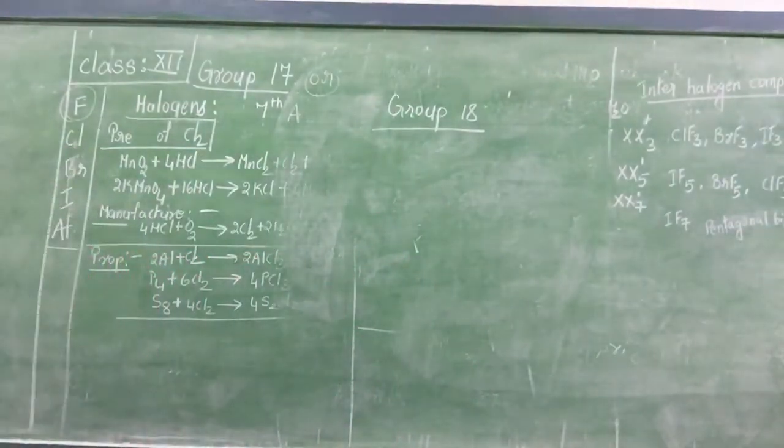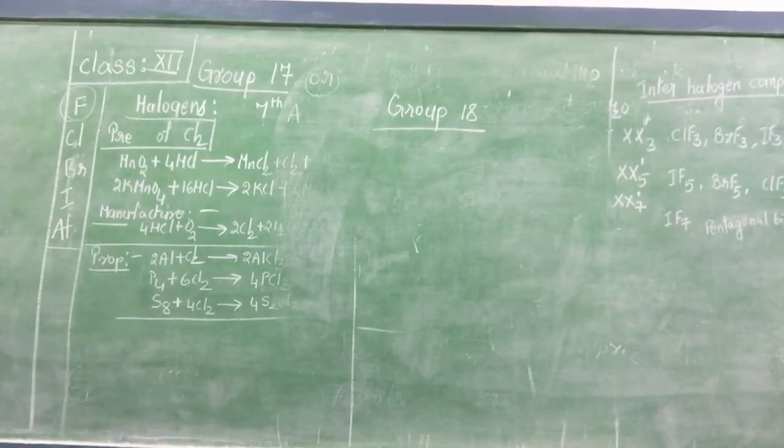What are the elements? Helium, neon, argon, krypton, xenon, and radon. Okay, children, what are the elements? Group 18. Helium, neon, argon, then followed by krypton, xenon and radon.